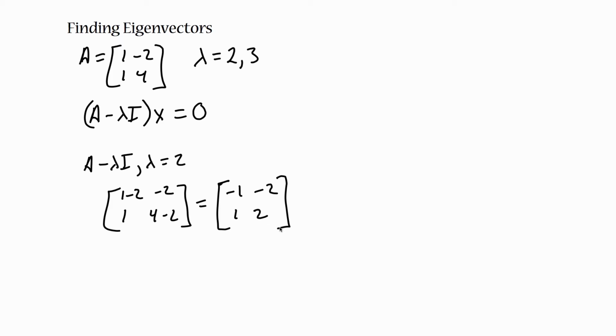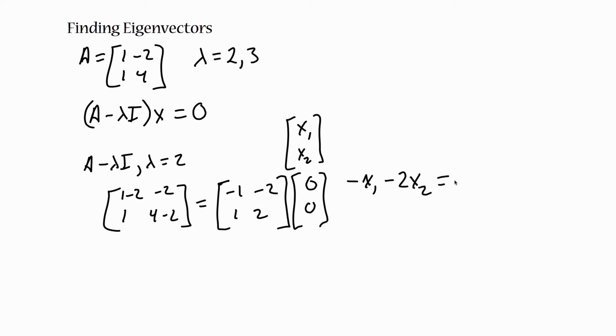And since we defined earlier that this matrix times our eigenvector x is going to equal 0, we can say that x1 times negative 1 plus x2 times negative 2 is equal to 0, and x1 plus 2x2 is equal to 0.